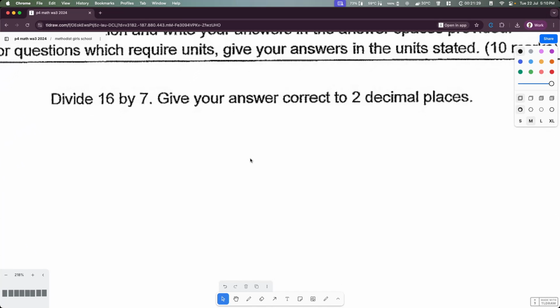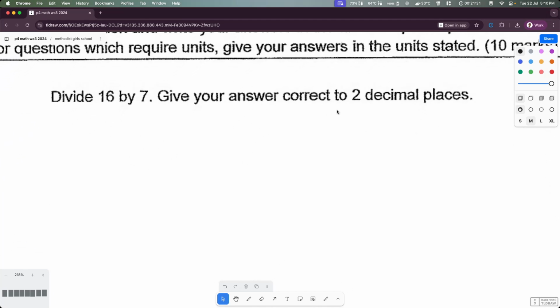Question 8. Divide 16 by 7. Give your correct answer to 2 decimal places. Okay, so we can have our workings over here. So we will probably have 7, and then we're going to just put a dash, and then I'm going to put a line here as well, right? Okay, and then I'm going to put the number over here.